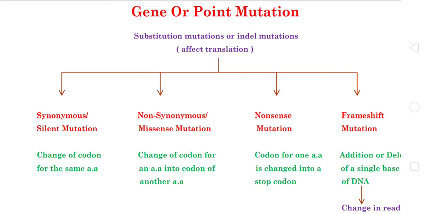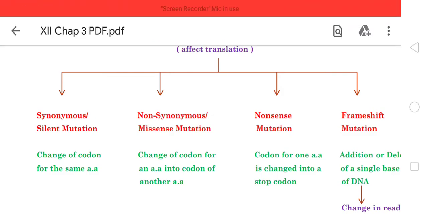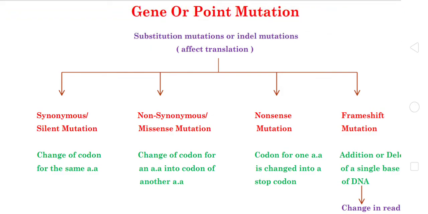This is also called non-synonymous or missense mutation. The third type is nonsense mutation. Nonsense means it shows some irritation. If the codon of an amino acid is changed so that it stops the process, further production of amino acid is stopped. Such type of mutation is called nonsense mutation.